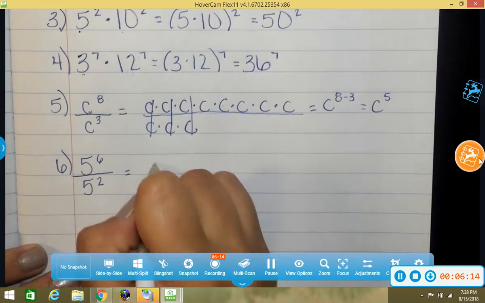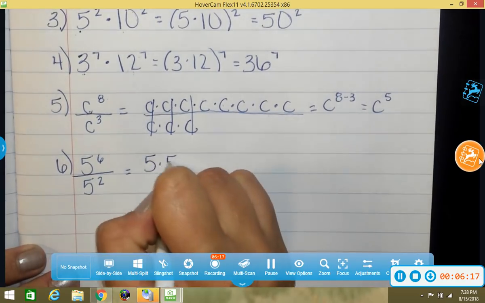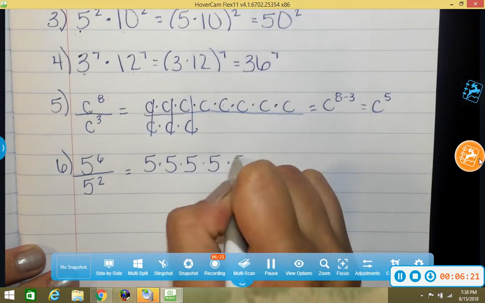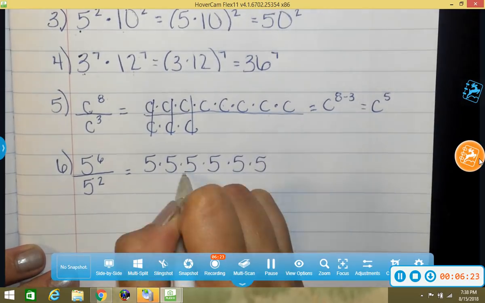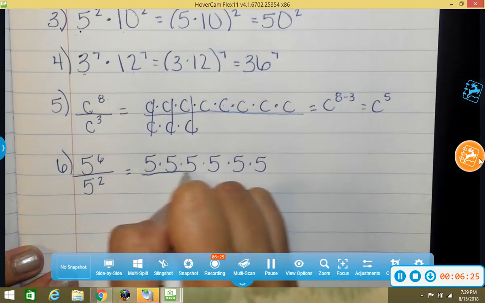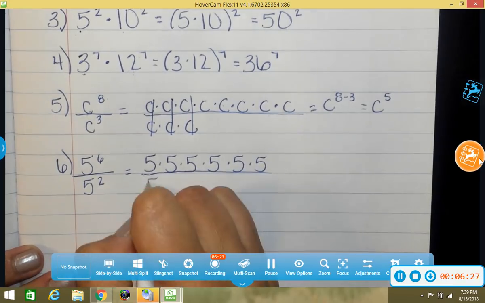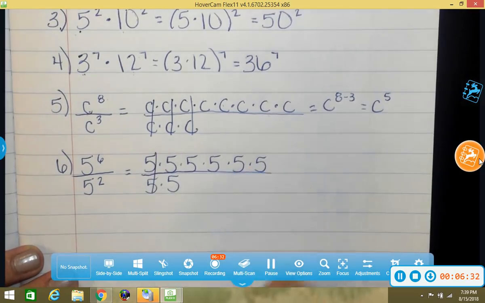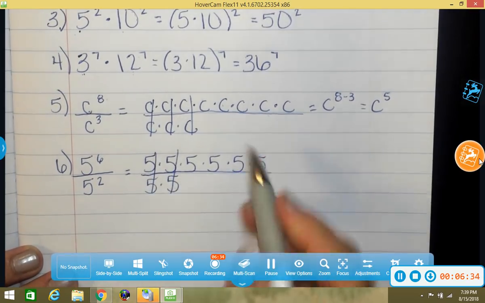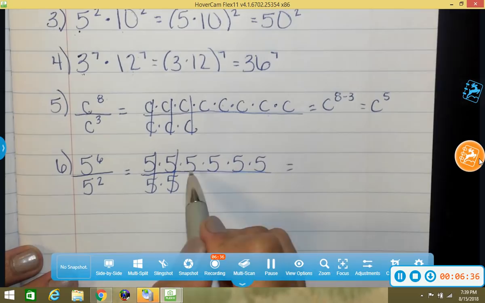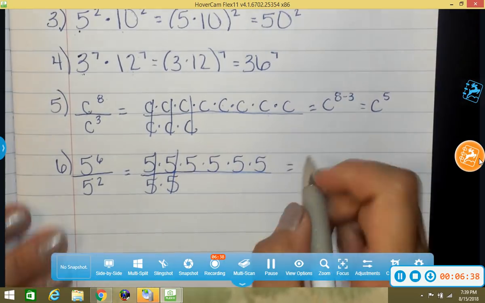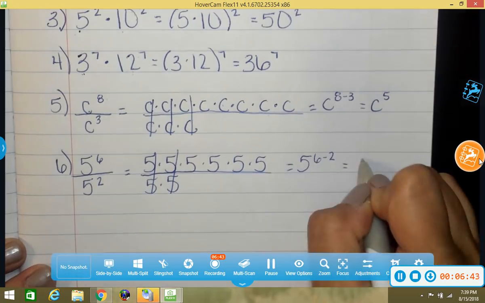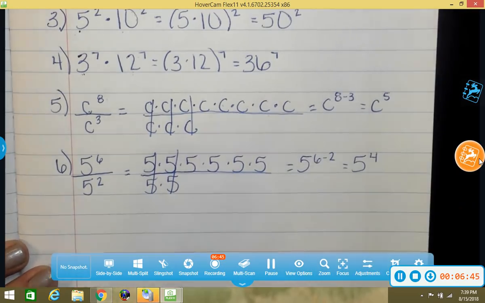So 5 to the 6th would be represented by writing 5 being multiplied 6 times. In the denominator it's 5 squared, so it's multiplied 2 times. 5 over 5 equals 1, so that cancels out, and again 5 over 5 equals 1, it cancels out. How many are left? 4. It's the same thing as saying 5 to the 6 minus 2 power, or 5 to the 4th power.